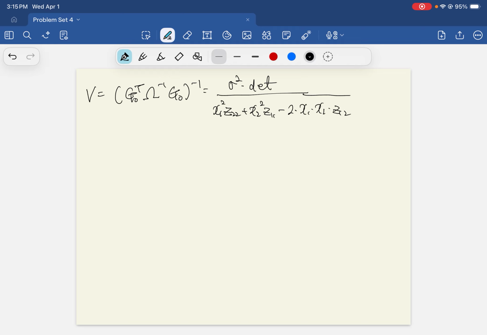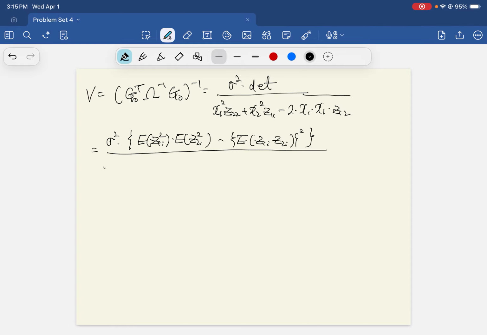Just in case we are abusing a lot of notation, let me fix that. The determinant looked like the expectation of z1 squared times the expectation of z2 squared minus the expectation of z1i z2i, squared. That's the numerator.